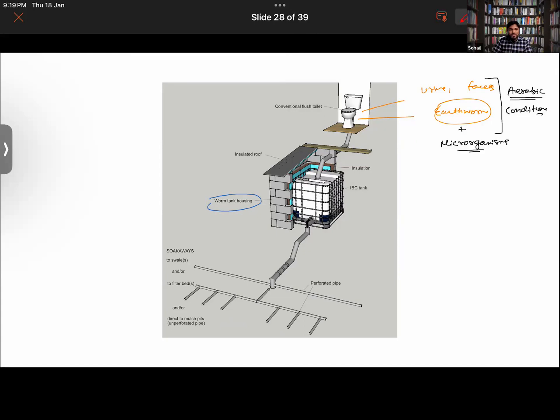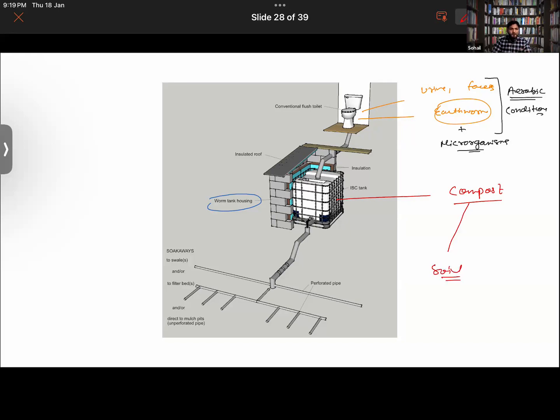So the composting toilet is a type of dry toilet that treats human waste by a biological process in which earthworms are used to convert it into compost, right? Thereby the decomposition converts the human waste into a very nutrient-rich substance called compost, and it can be added to the soil to enrich the fertility of the soil.